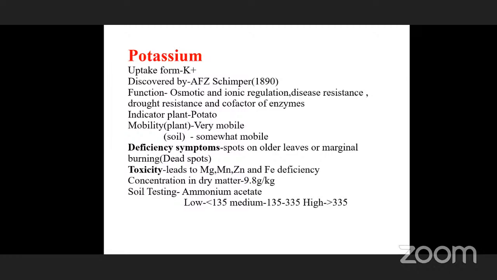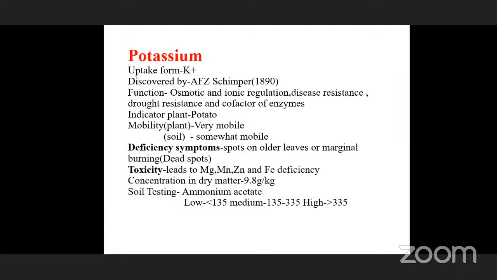The indicator plant for potassium is potato, and the mobility of potassium in plants is very mobile. In soil, it is somewhat mobile. Deficiency symptoms can be seen on older leaves as marginal burning symptoms like dead spots. Potassium and molybdenum show dead spots, whereas toxicity leads to deficiency of magnesium, manganese, zinc, and iron.